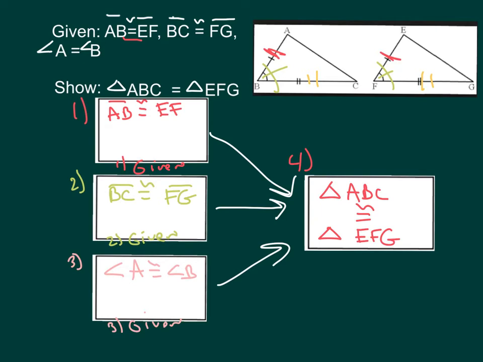Looking at our diagram up here, what reasons do we give? Number 1 gives us a side. Number 3 gives us an angle. And number 2 gives us a side. So we have side, angle, side. For our reasoning for number 4, our reason that these 2 triangles are congruent would be side, angle, side.